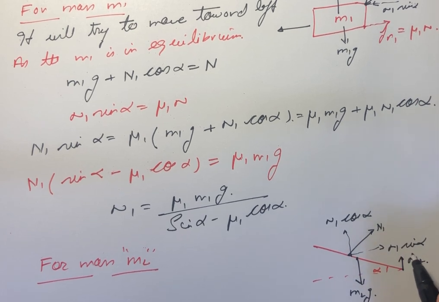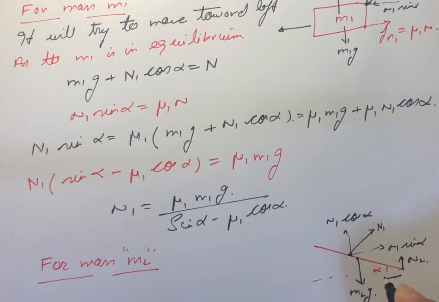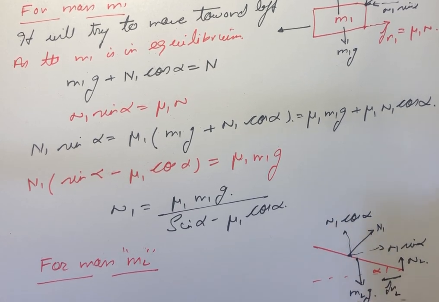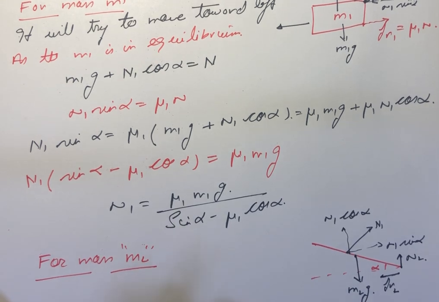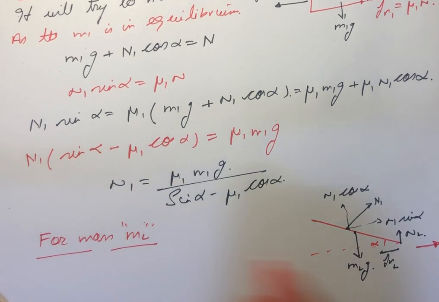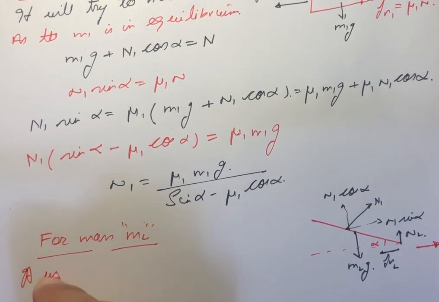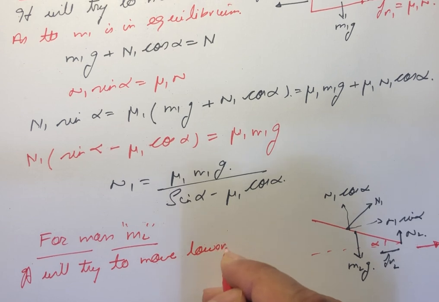Now this n1 will try to force the rod to move towards the right side, so we are going to have a frictional force, let us call it Fr2, acting opposite. It will try to move towards the right side in this direction.